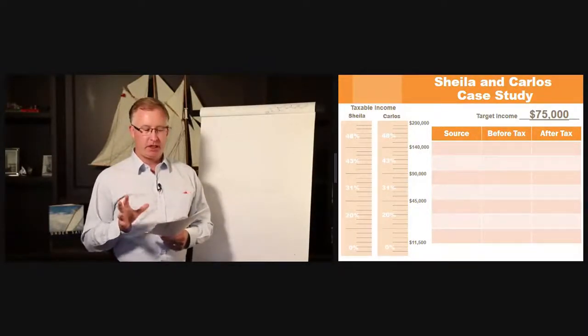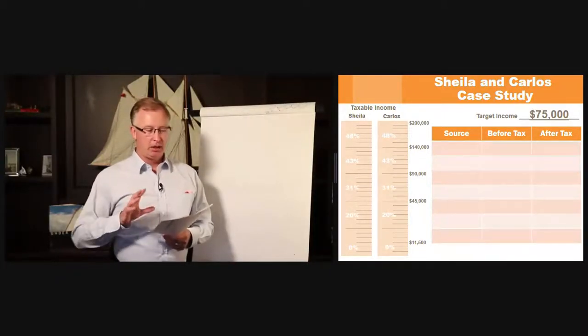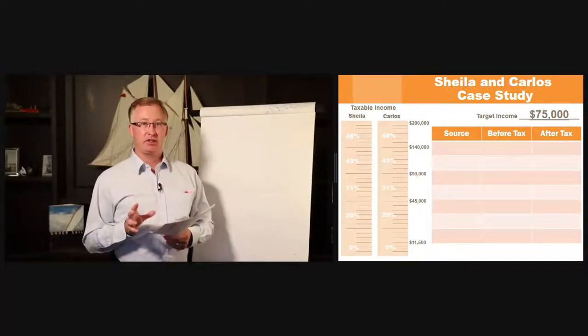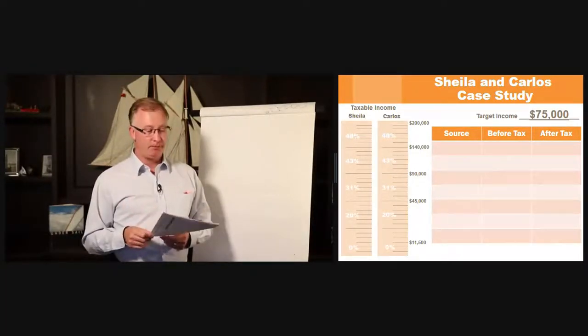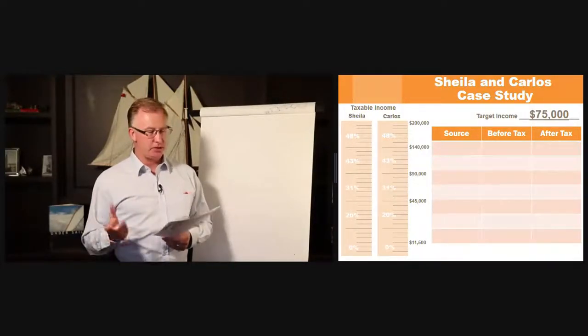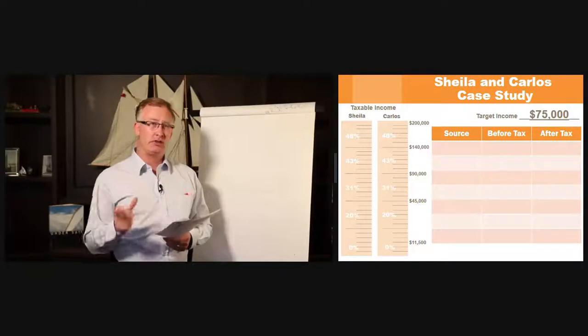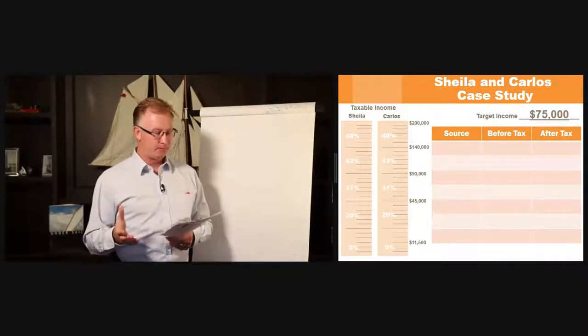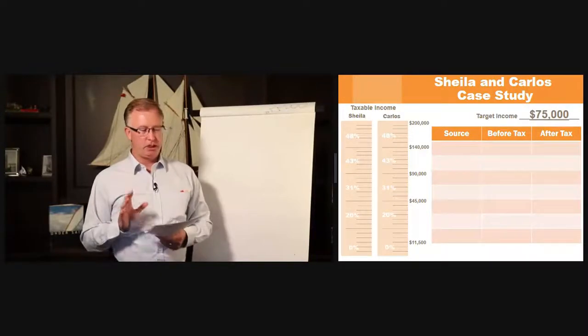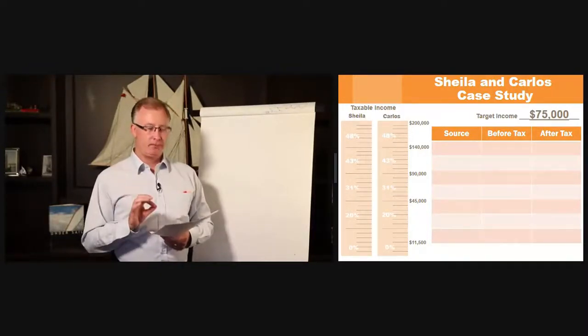They each have $28,000 in their tax-free savings account, and they have a joint investment account with $132,000 saved in it. Boy, these guys have done well. They have a house that's worth about $580,000, so they said that they wouldn't rule out downsizing if they needed to. Okay? So the first question is, how much money do they need each year?